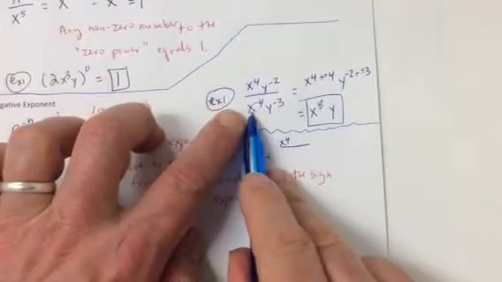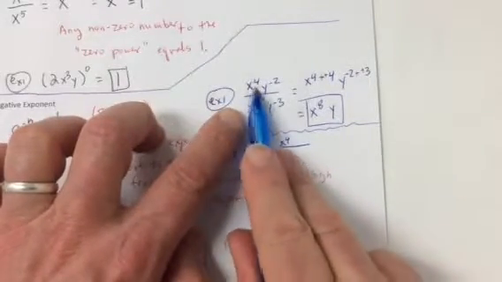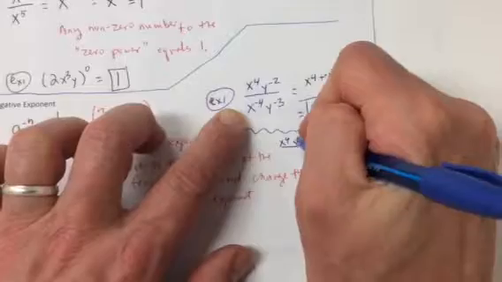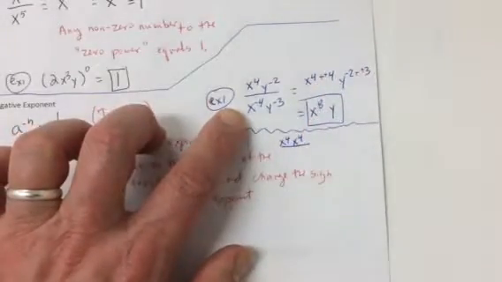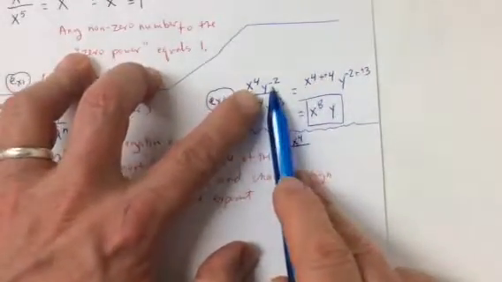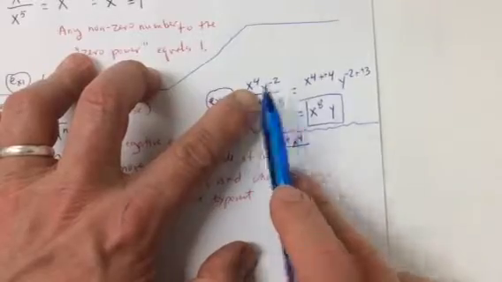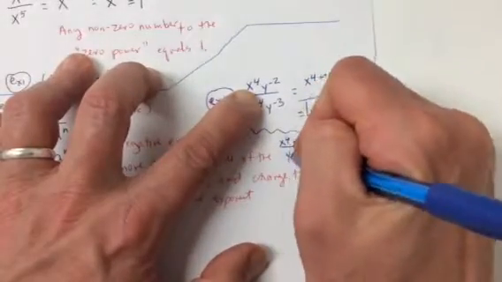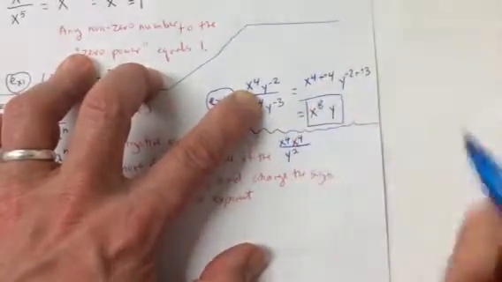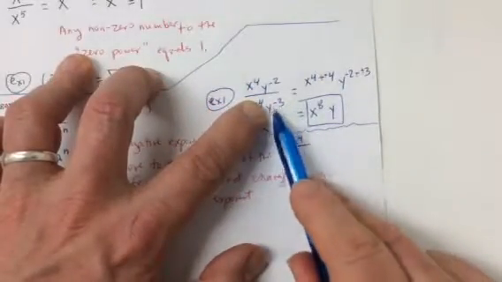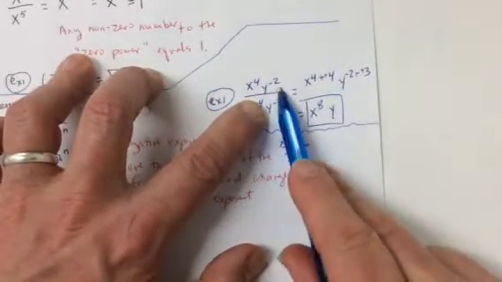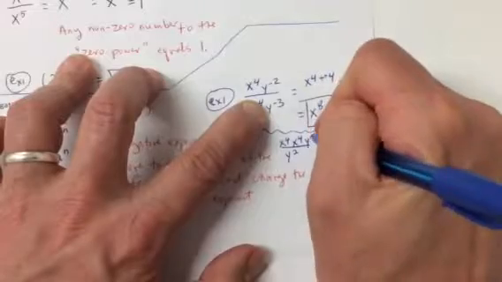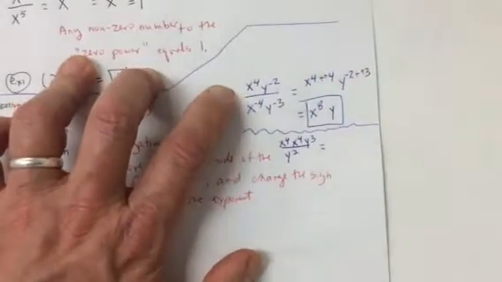Then this x to the negative 4 down here means we move it to the top and make it positive. So it's going to be x to the positive 4 up there. Here we have y to the negative 2. A negative tells us to move it to the other side of the fraction bar and make it positive. So it's going to be y to the positive 2. And then y to the negative 3, we can move it to the top and make it positive 3, so it's going to be y to the positive 3.